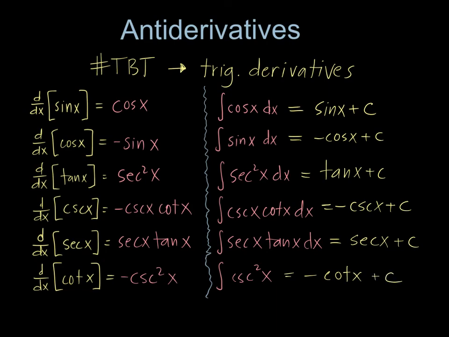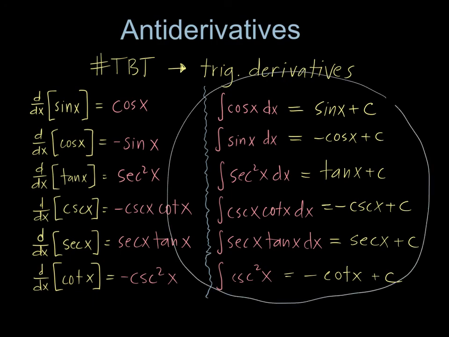So, just like with derivatives, early on we learned only the power rule and these 6 functions on the left. As of right now, for antiderivatives, you need to be able to complete a power rule and these 6 on the right. That's all we need to know for antiderivatives at this point.